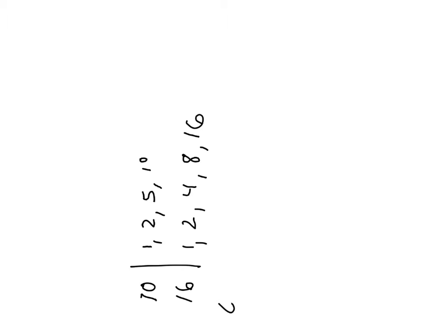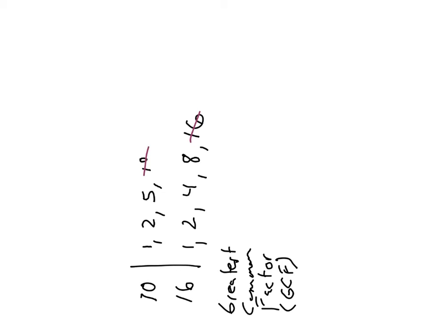So the greatest common factor, what we call the GCF, is the biggest number that you see in both of these. Okay? So if we start with the 10 and 16, they're not in common.